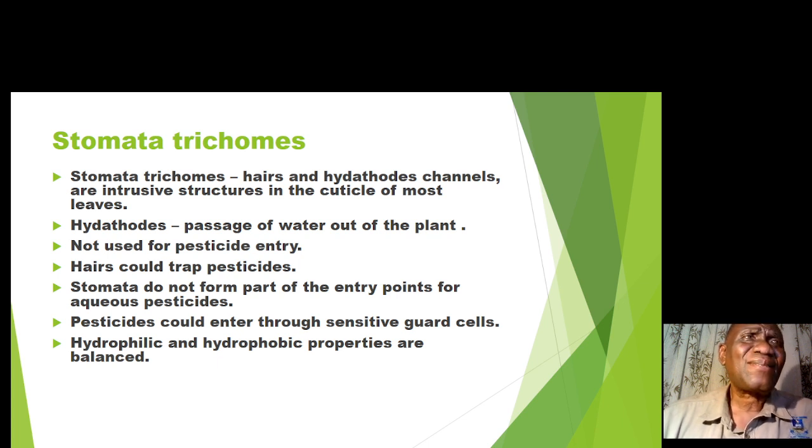The hairs could trap pesticides and therefore could prevent the entry of the pesticide in the plant. The stomata do not form part of the entry points, although these are openings on the plants. So they don't form the passage of these aqueous pesticides.